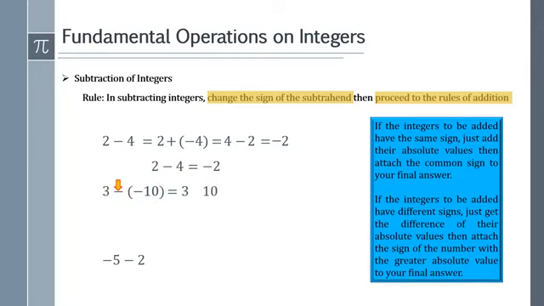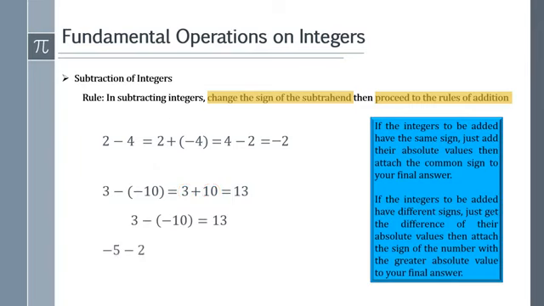And the sign, from minus, we will make it plus. So this is now the new equation. Check if they have the same sign, because we're in addition now, right? So, the same sign? Yes, they have the same sign. So, you just add them, then copy the common sign. So, 3 minus negative 10 is equal to positive 13.